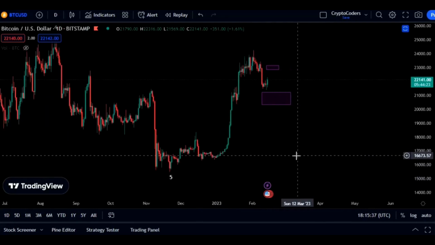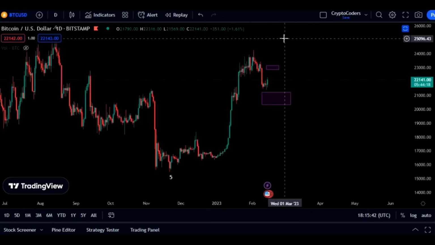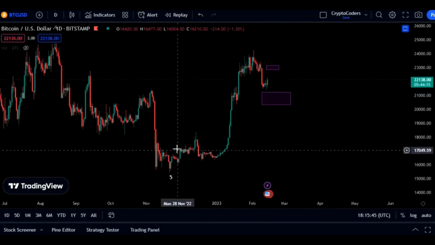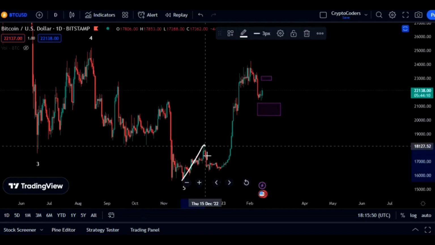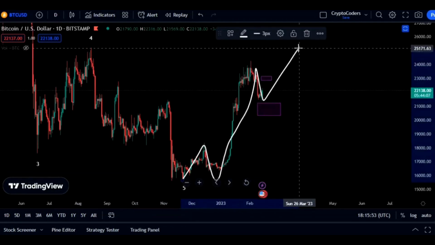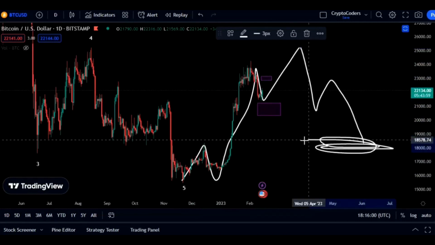After the bottom, we are also looking for 5 waves up impulsively and 3 waves down. After this whole thing is completed, our 5 waves are completed, we will look at a 3-wave structure over here.